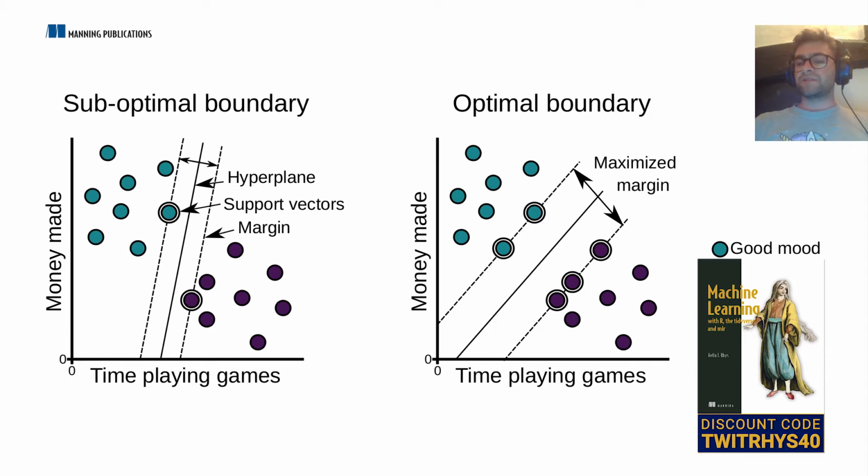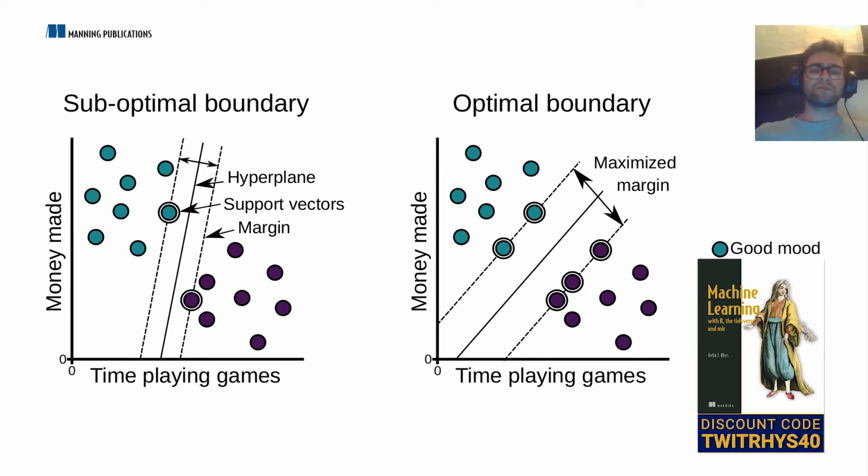So support vector machines are models for supervised machine learning. So performing machine learning tasks where we have some ground truth in our training data that we can compare to. And support vector machines can be used for both classification, where we're trying to predict a categorical outcome, and they can also be used to train regression models, where we're trying to predict a continuous outcome.